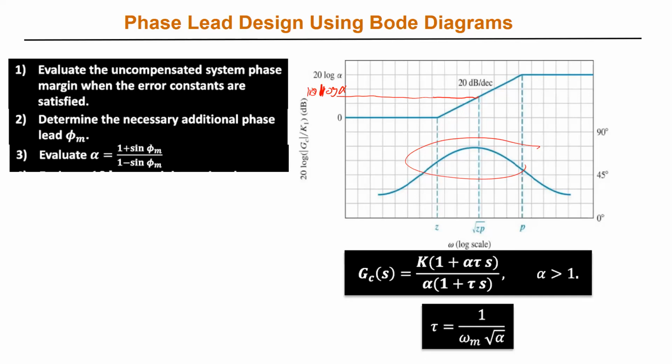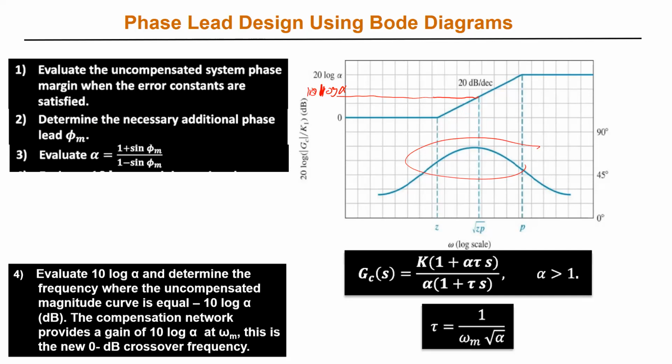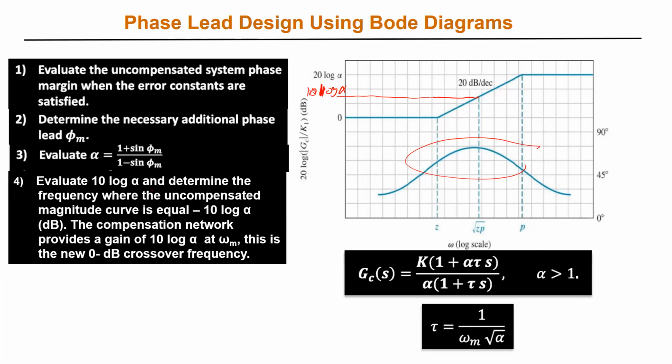I will go to the Bode plot of the uncompensated system and look for minus this quantity, minus 10 log alpha.